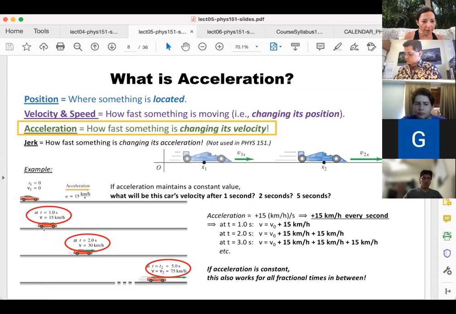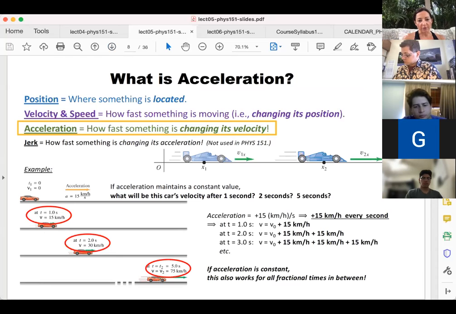For example, here we see that at t equal 1 second, the car is going 50 kilometers per hour, and then at time 2 seconds it is going 30 kilometers per hour. So you see that there is a change, and because there is a change, there must have been an acceleration here.